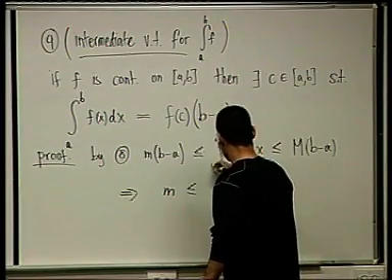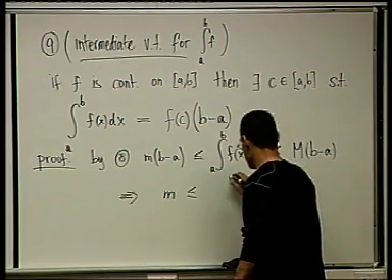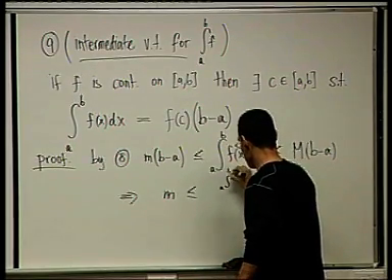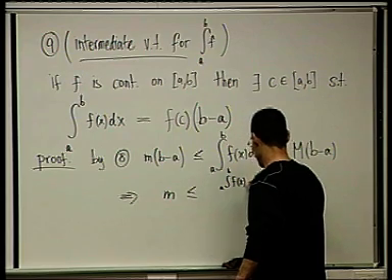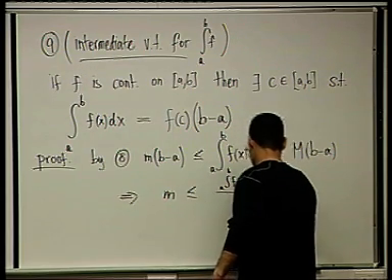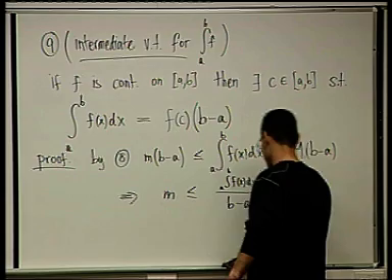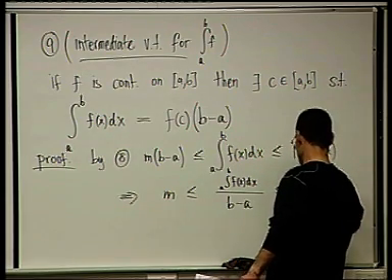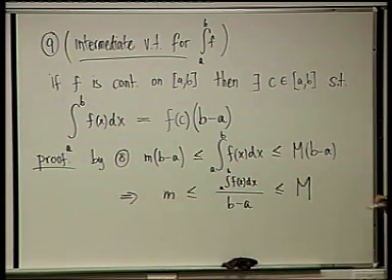I'm going to write this again: the integral from a to b of f of x dx divided by b minus a is less than or equal to M. Do you agree that this is what I get? Yep.